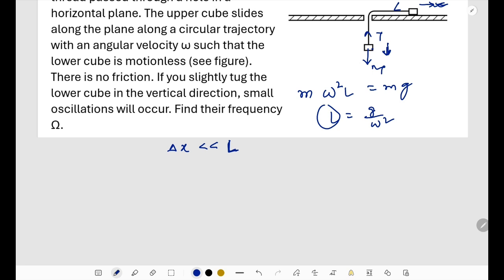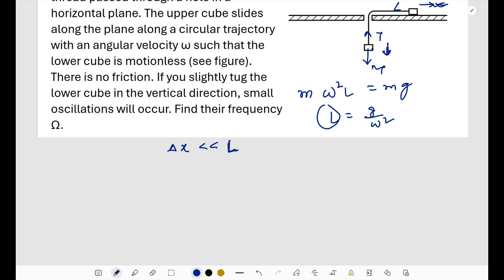So the radius of its circular motion has changed to L plus delta x. I'm talking about the upper block. I would like to write the principle of conservation of angular momentum for the upper block during its pulling to the right.